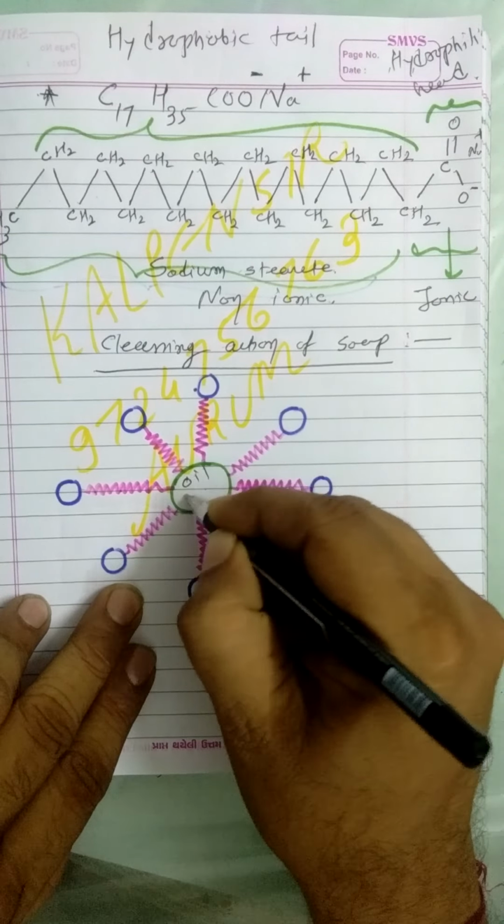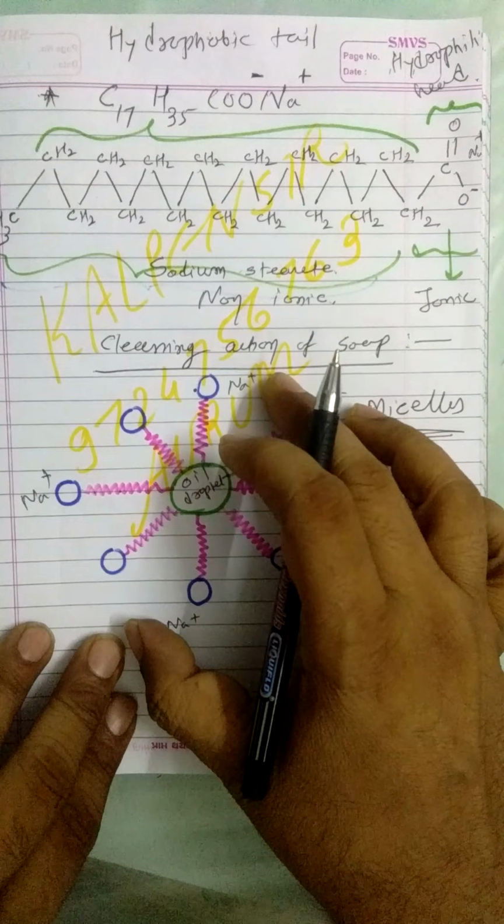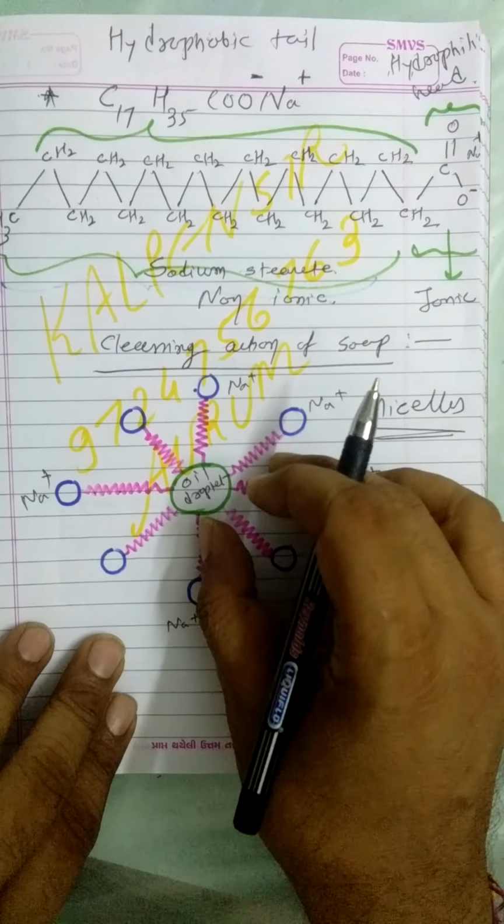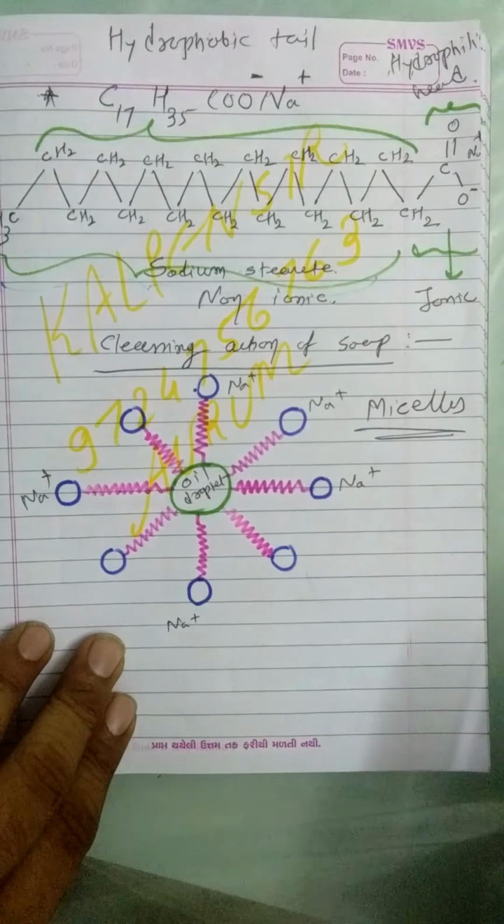The ionic end points outward towards the water. The dirt particles are surrounded by soap molecules, forming structures called micelles. These micelles get attached to water molecules through the ionic end and are washed away along with the dirt particles.